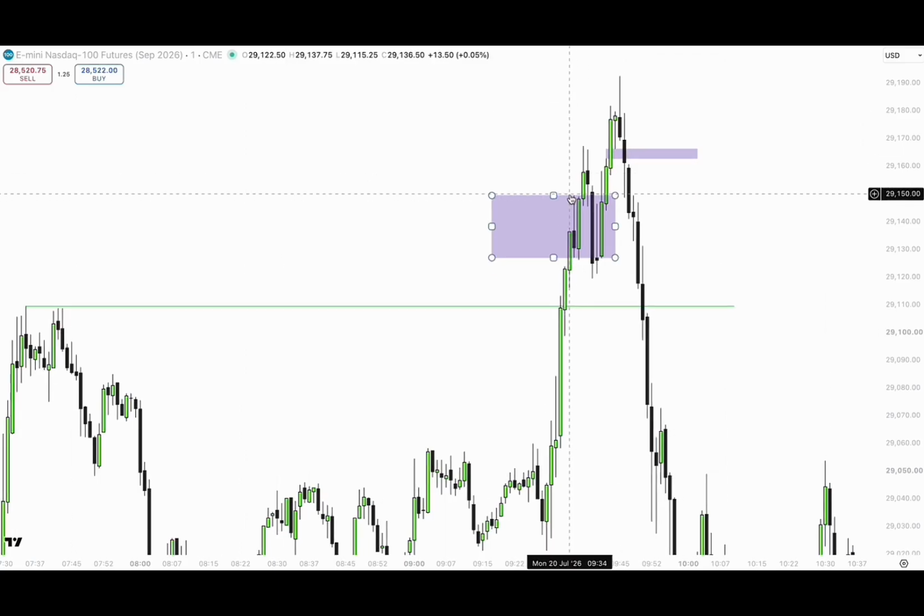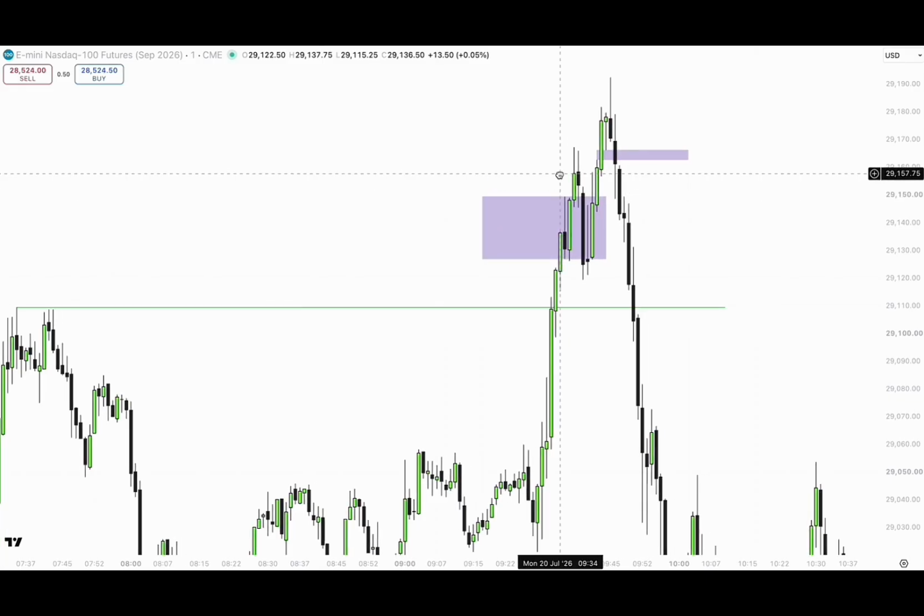What I mean by timing is that we have specific cycles in our trading, in our charts. One of these cycles, for example, is session cycles. What sessions do we have in a day? We have the Asia session, the London session, the pre-market session, the New York AM session, and the New York PM session.